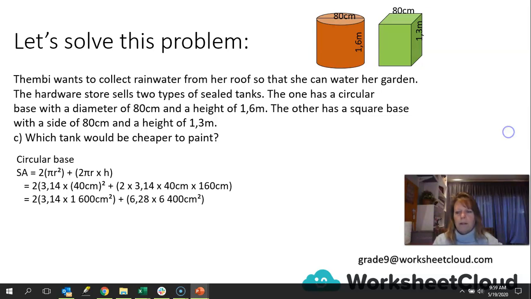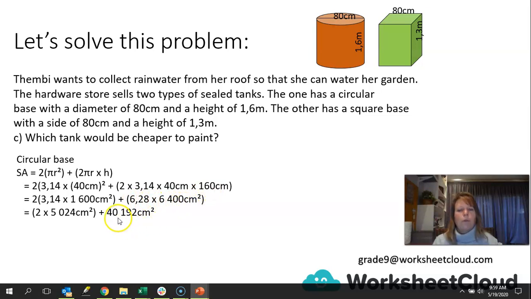So when we multiply those out, we're going to end up with 3,14 times 1,600, which is 5,024 centimeters squared. And remember, we have to double it because it's the top part and the underneath part. And then add it to our rectangular portion of the tank, which is 6,28 times 6,400 centimeters squared.